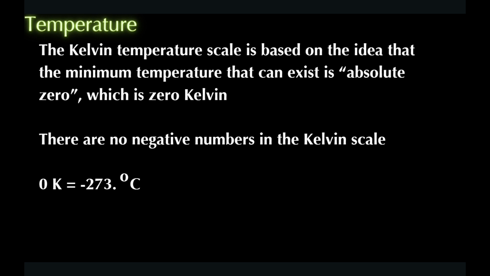Because of this, there are no negative numbers in the Kelvin scale, which makes it really easy to deal with. Our conversion factor is that 0 Kelvin is equal to negative 273 degrees Celsius. We are going to use this to convert between Kelvin and Celsius.